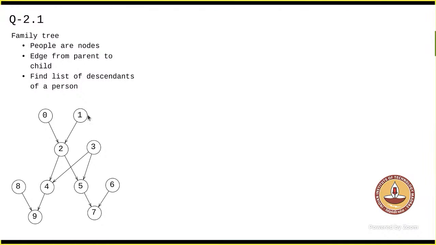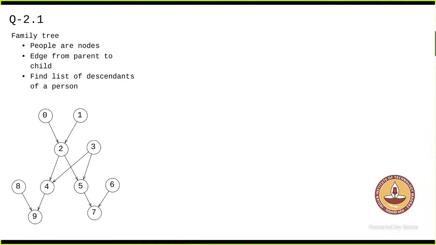So let's say we want to find out all the descendants of 1. So this is son or daughter, grandson, granddaughter, great grandson, great granddaughter. So you want to get the list of all these relations. How will you do this? We can call DFS for 1 and then 2.